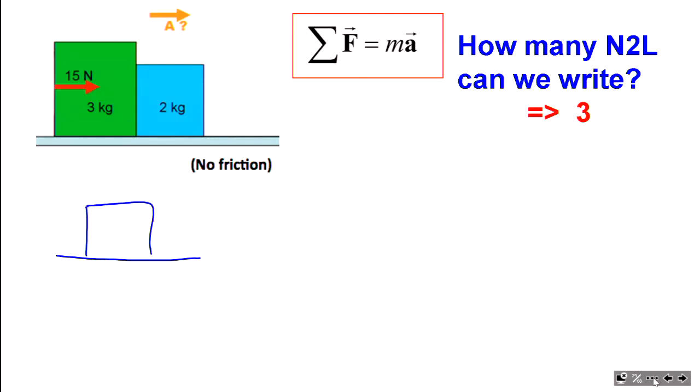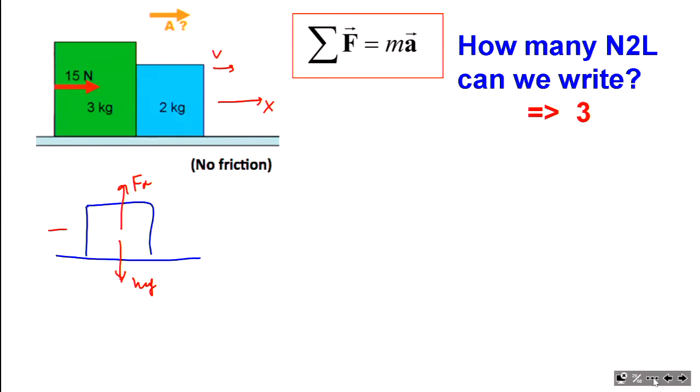So what do we know about it? Well, technically we should start from gravity because it doesn't disappear, and normal force, but because everything is happening horizontally, velocity points to the right, acceleration points to the right, vertical forces just cancel each other out, they don't really matter.